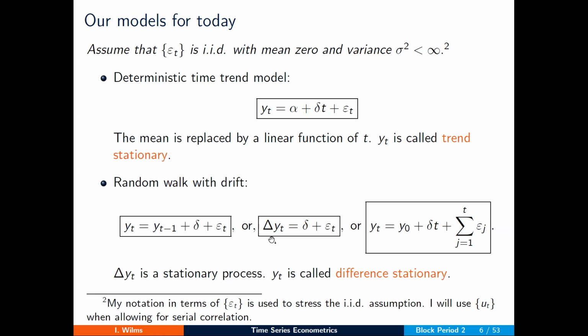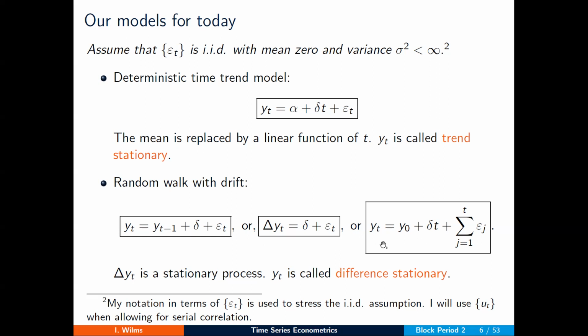Alternatively, we can also write the model for the series in differences. If we simply bring y_{t-1} to the left-hand side, we have y_t minus y_{t-1}, which is nothing more than the series in differences, that is indeed equal to our constant term plus our error term.